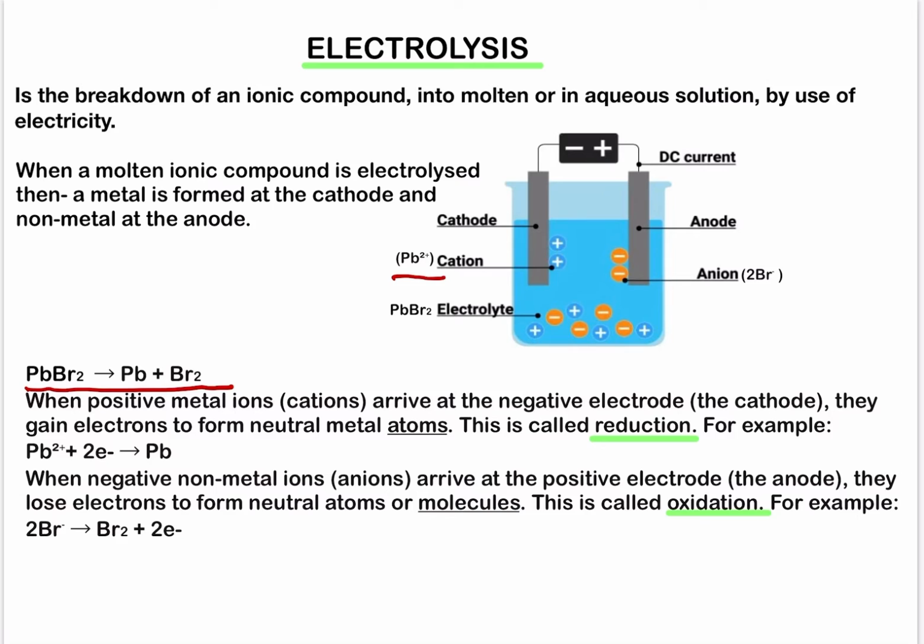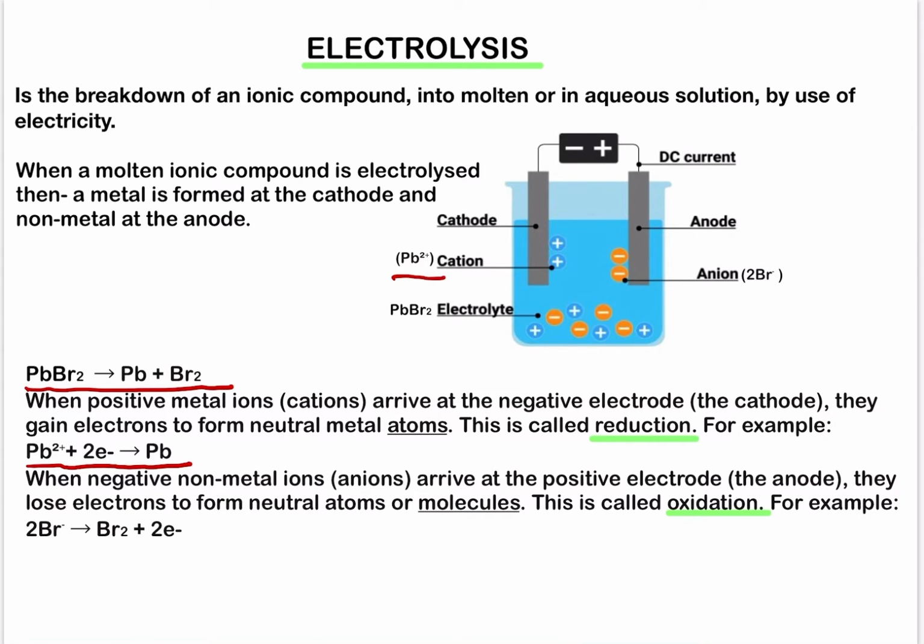They receive electrons, and when they gain electrons we call it reduction. In the equation, lead ions Pb2+ gain electrons and form lead, which is formed at the cathode, and we say it is reduced.